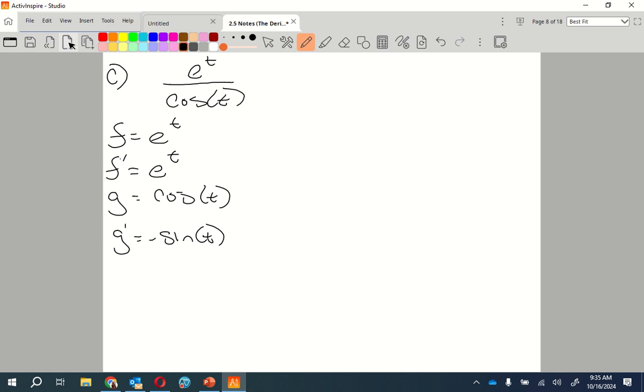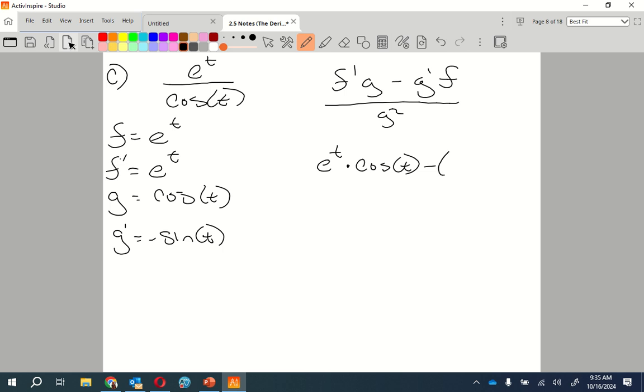List out my quotient rule. So I have F prime G minus G prime F over G squared. F prime is E to the T times G, which is cosine T, minus negative sine of T, times F, which is E to the T, and clean it up a little bit.